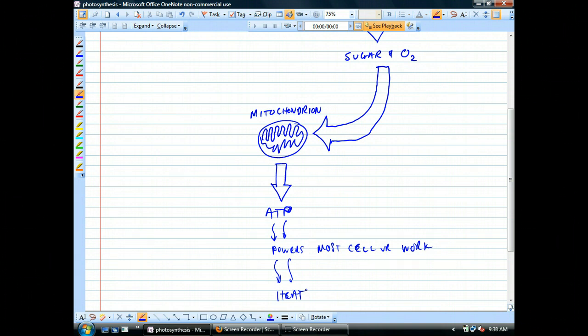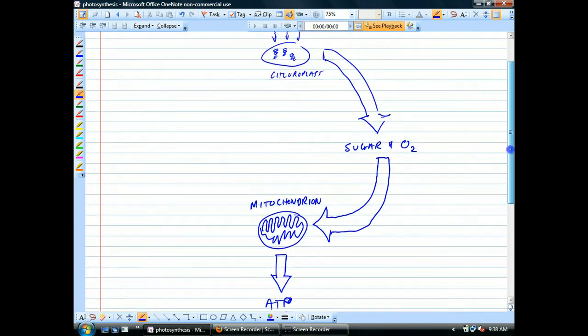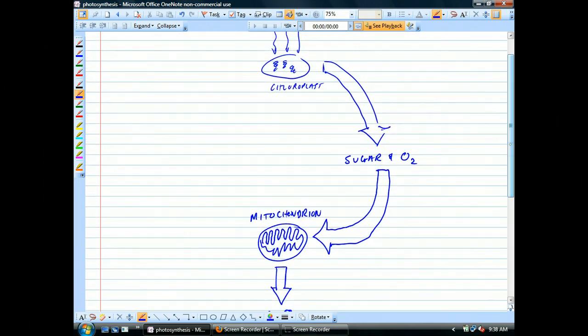You know when you turn the heater on in your car, it's just extra heat from your engine that's coming into the cabin of the car. You knew that, right? Same kind of idea. The heat that's kind of a waste product is actually used to keep you warm. Unless you have some kind of fancy electric heater, but most cars don't have that sort of thing. So this comes over here.